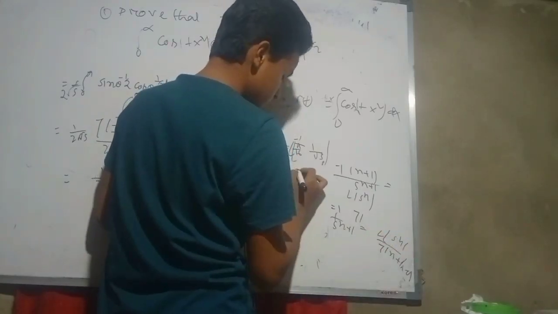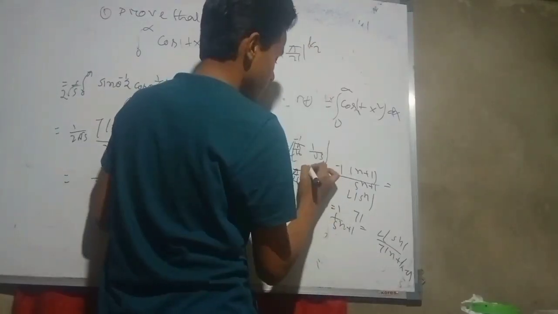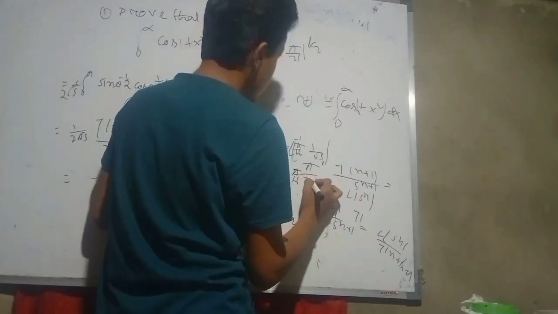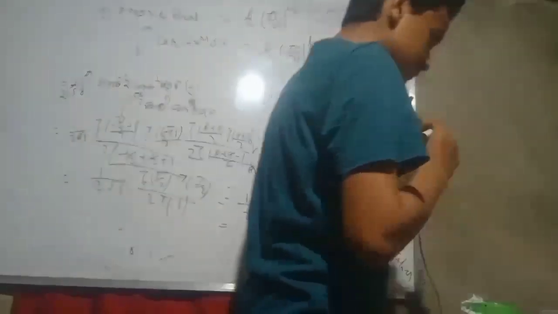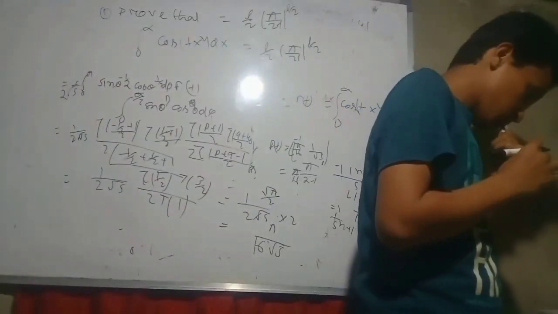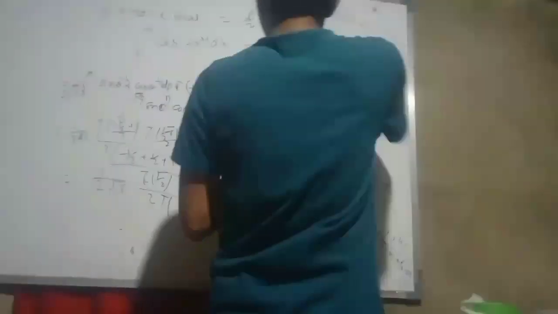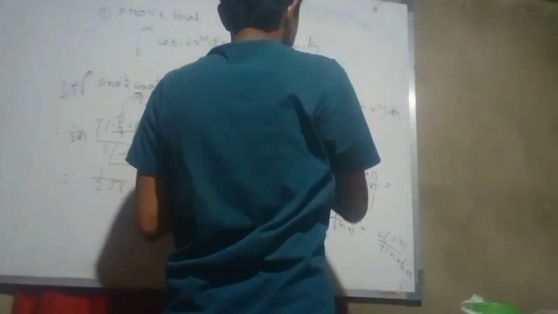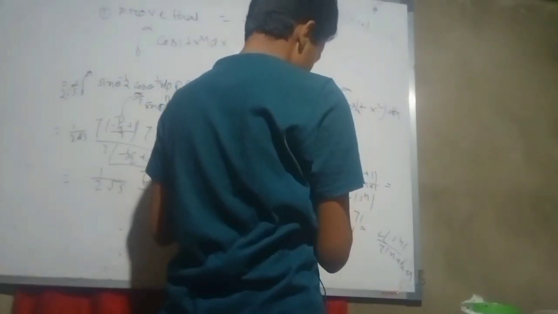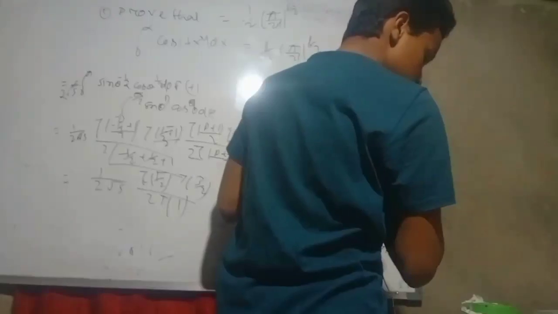When we find this, that gives us pi by 16 and pi by 2 t. Sorry, that is not L, that should be 1. So that gives us 1 by 2.